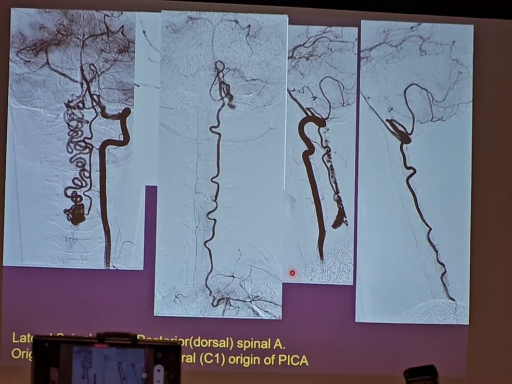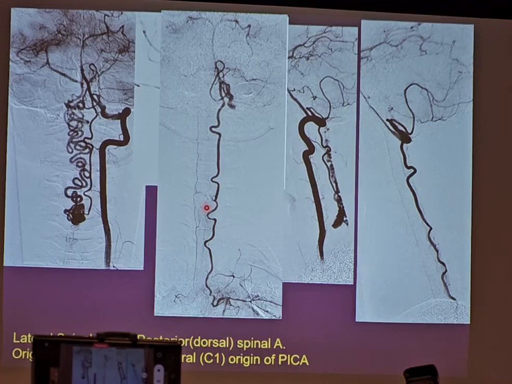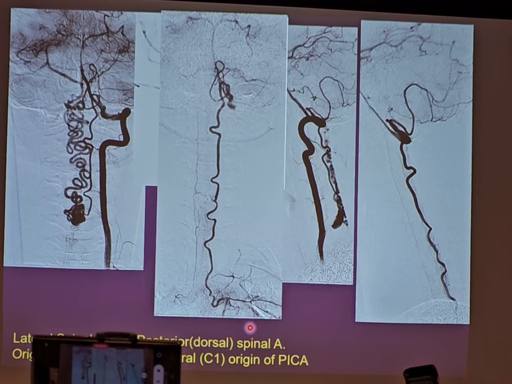And for sure, to prove that it's the same system, after embolization, being able to embolize this, we check the supreme intercostal at the upper thoracic level, and we see this posterior or dorsal spinal artery hooking up with the system coming down, and this is a remnant of the previous embolization.